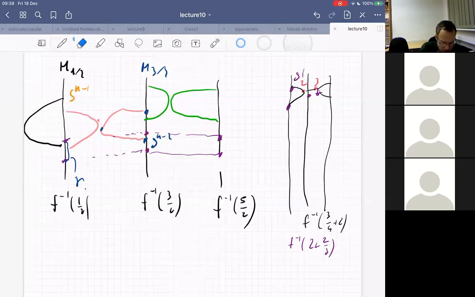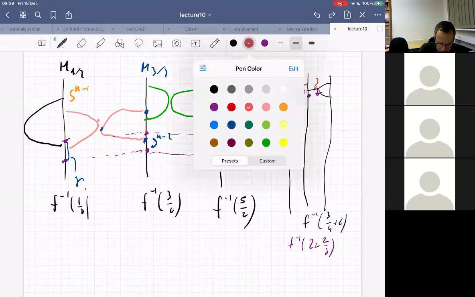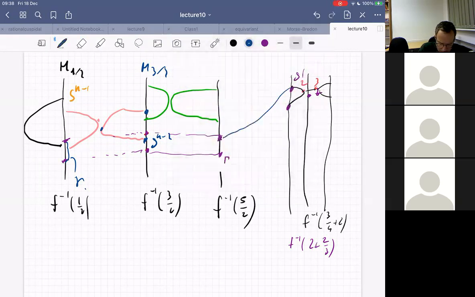So I have here my sphere gamma, and I have here another sphere that is the stable manifold. Let me call it gamma prime. Gamma prime is the stable manifold.